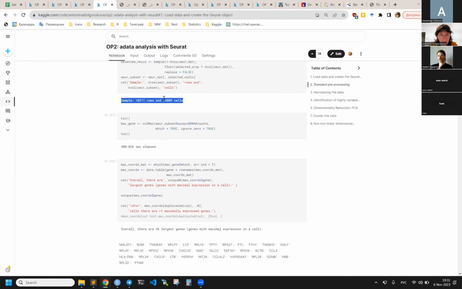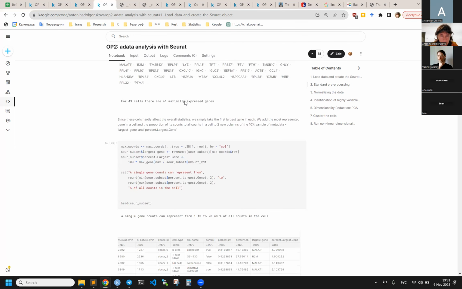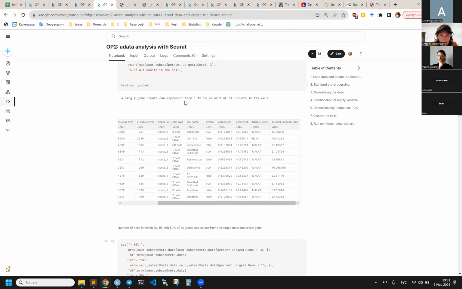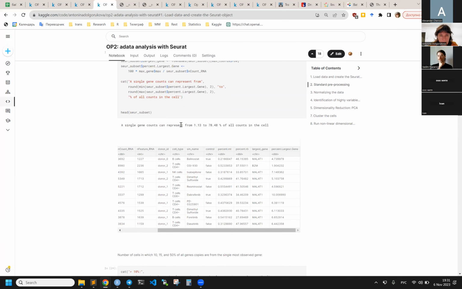So we now have 24,000 cells, 10% of the data, and we go with this. Actually, on my local PC, I checked the full calculation on the full dataset, and it's quite a similar distribution. So this analysis is representative in 10% of cells.